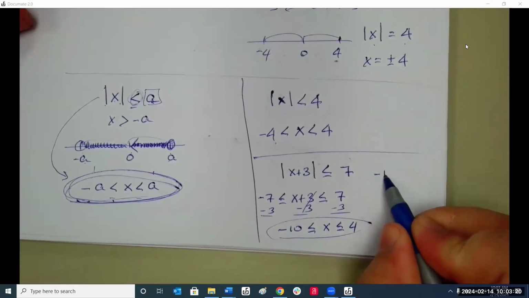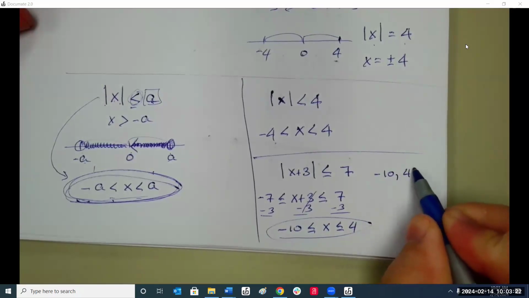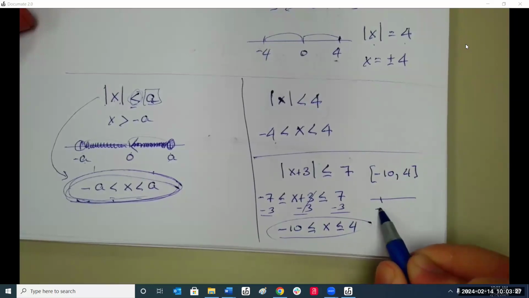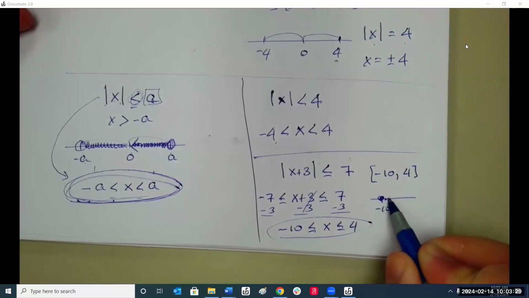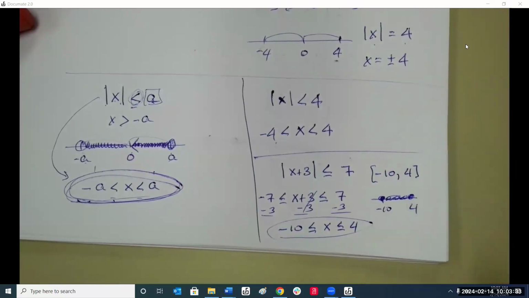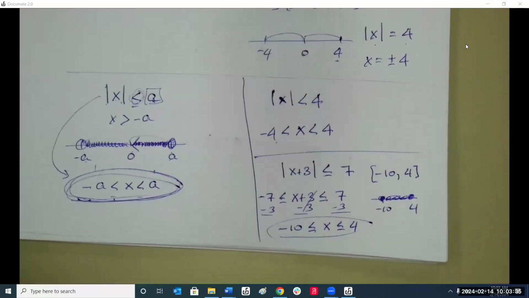This one could be written as this, or it could be a graph. You have to know how to write all three forms of this number.